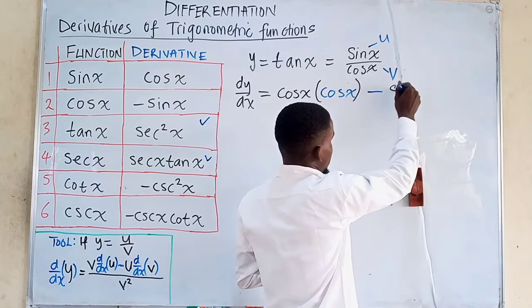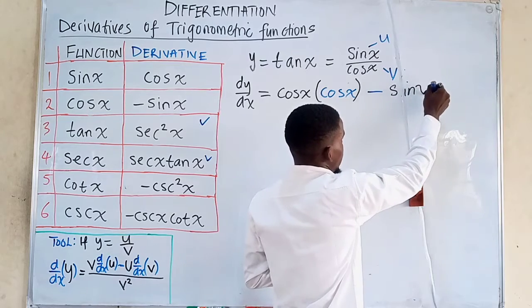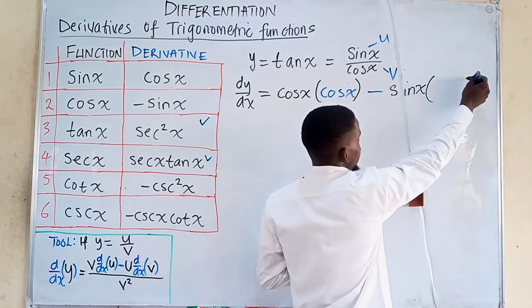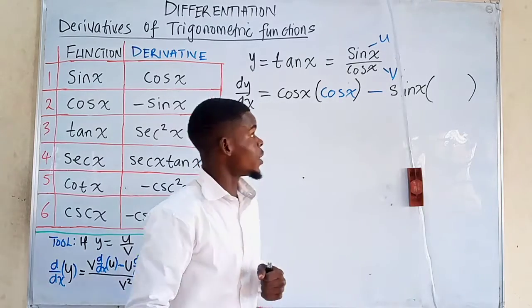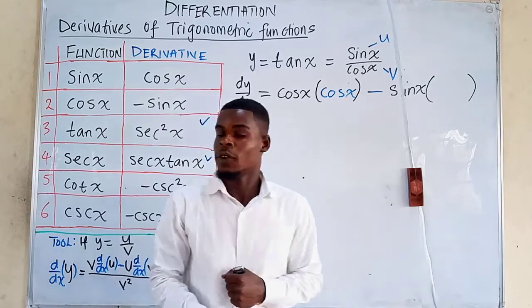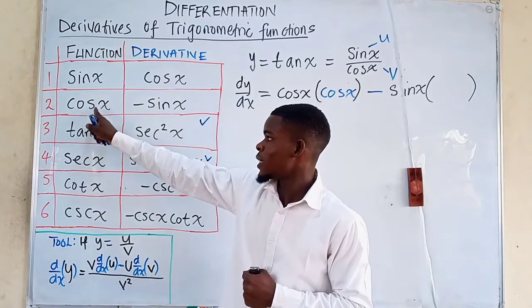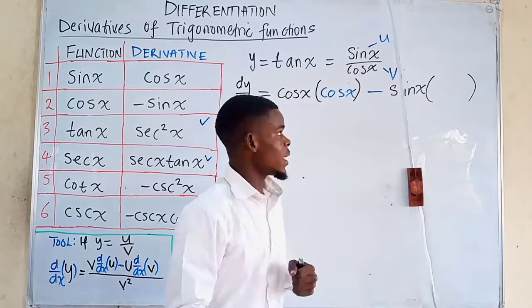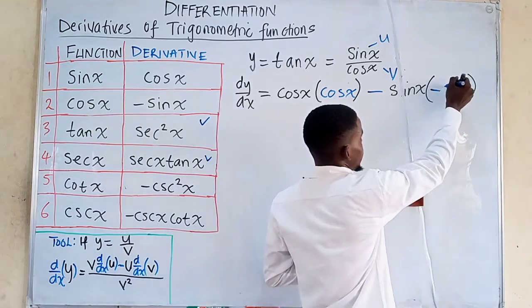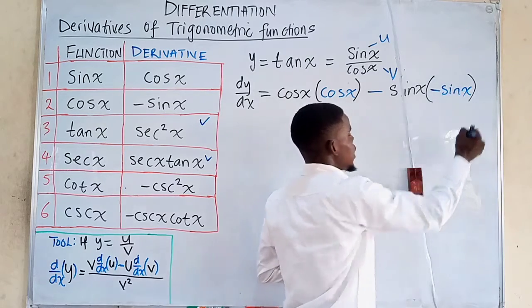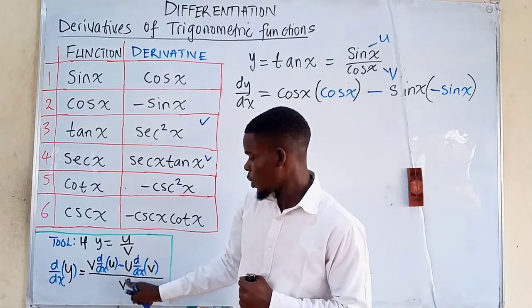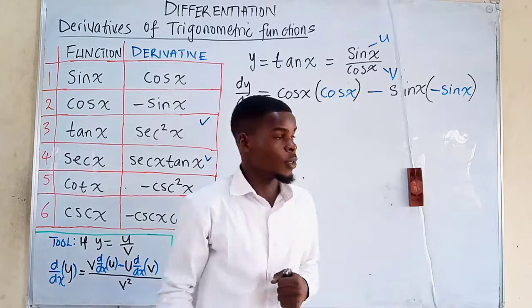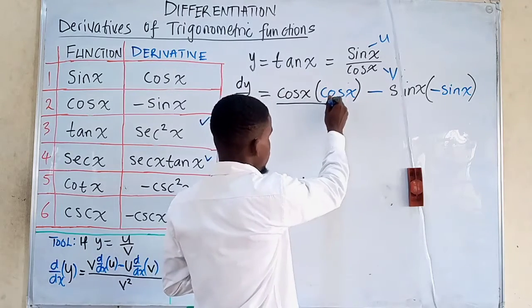And then we multiply it with the derivative of v. The v there is cosine x, right? And then the derivative of cosine of x is going to give us negative sine x. So you put down the negative sine x. Good. And lastly, we will need to square this denominator, right? And put it here as the denominator of this derivative of the function.